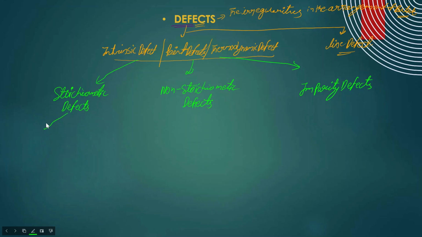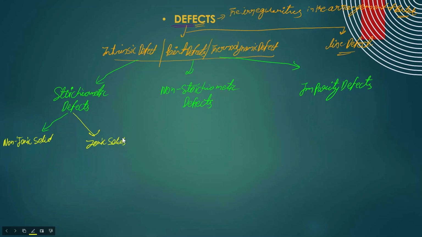Stoichiometric defect is also of two types: non-ionic solid and ionic solid defect.